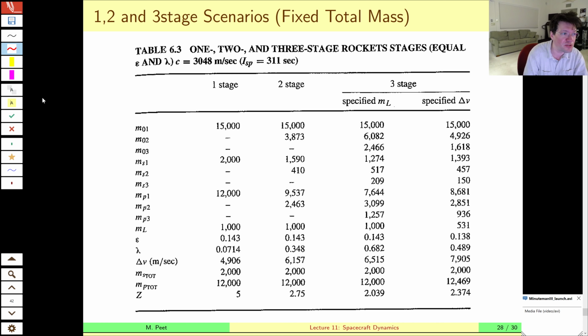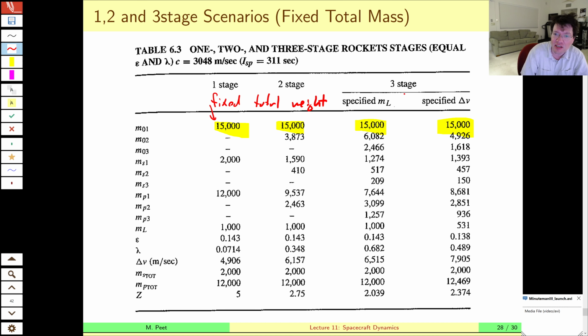So finally, we get to some numbers. This is a table from Press and Conway, which has a total fixed weight of the rocket in all of these cases. It considers a 1, 2, and 3-stage rocket.